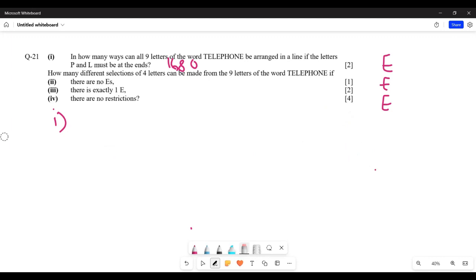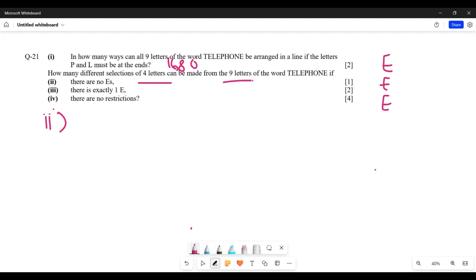Okay, part 2 is there are no E's. But first we have to read the remaining part of the question. How many different selections of 4 letters can be made from the 9 letters of the word telephone if there are no E's? Okay, so remove E's.